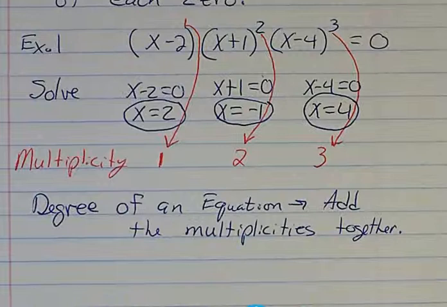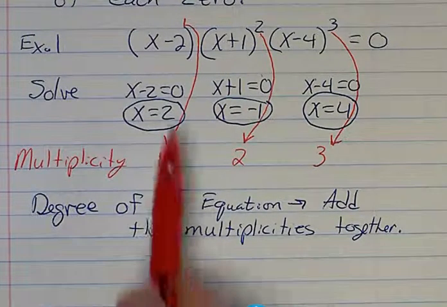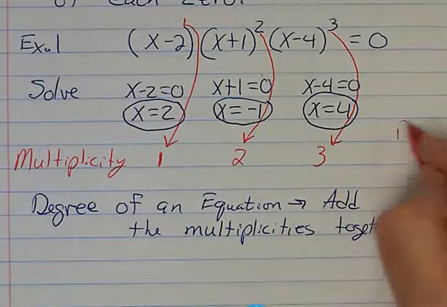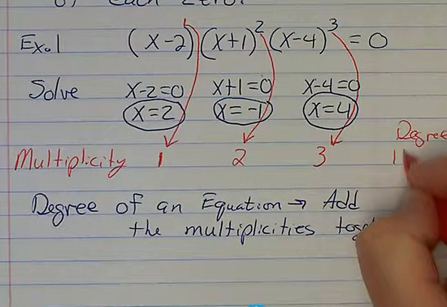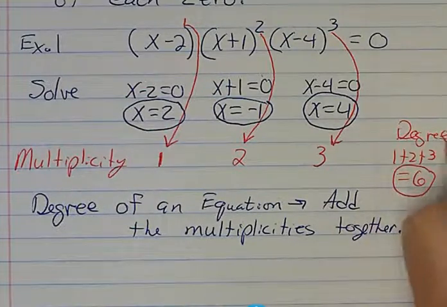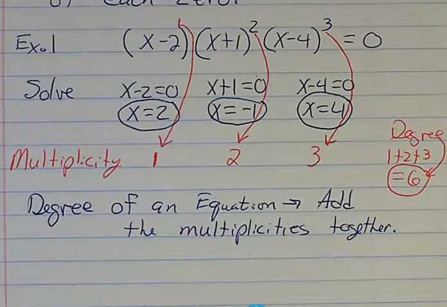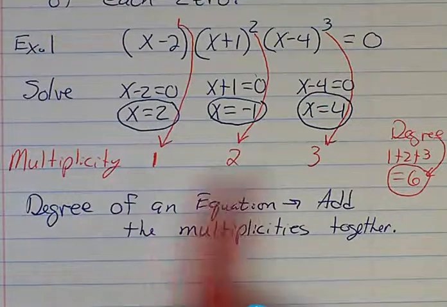So if we were solving this equation with everything that's here, this solution had a multiplicity of 1, this one was 2, this one was 3. So the overall degree of this equation is we would add the 1 plus 2 plus 3. So if they ask you for the degree of this equation, the degree would be 6. Okay, so that's where they tie that in with finding out the degree, what we did yesterday. So all you do is just take your multiplicities and add them up.